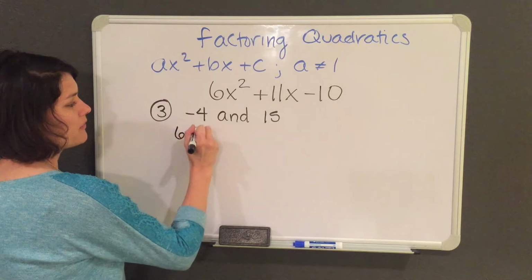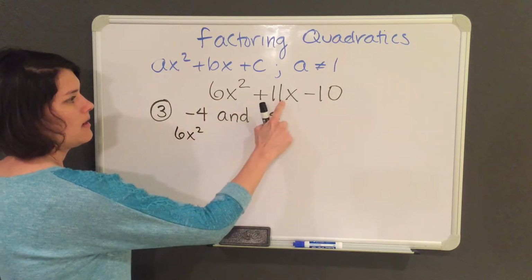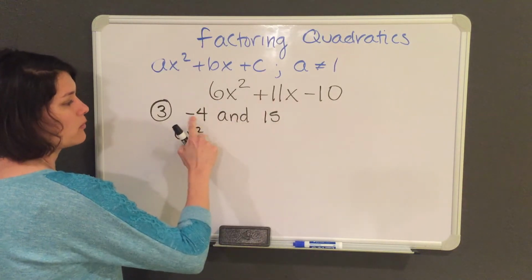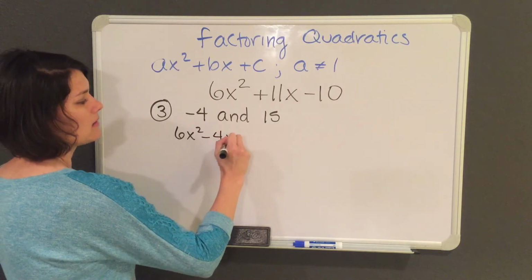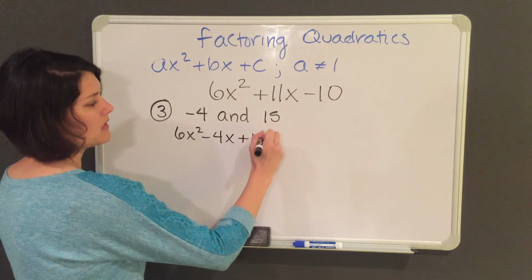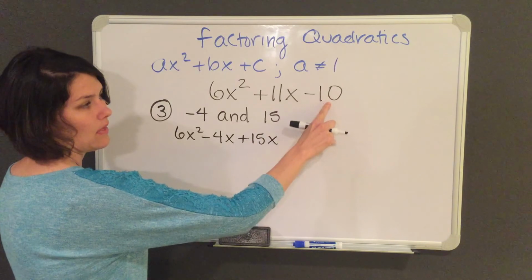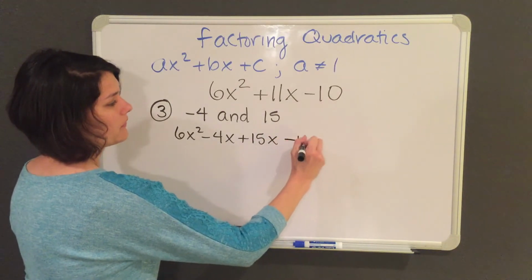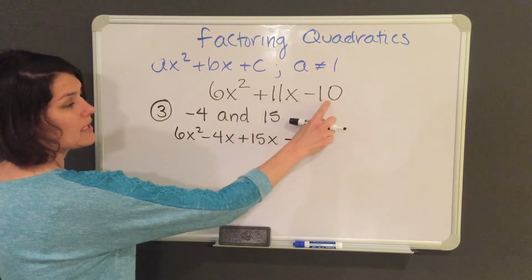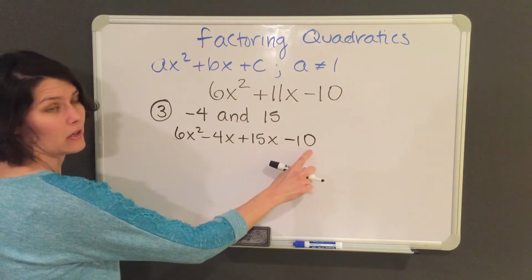So I start writing my first term as is. Instead of an 11x, I'm going to rewrite a negative 4x and a positive 15x, and then I write my last term. So I went from 3 terms to 4 terms.